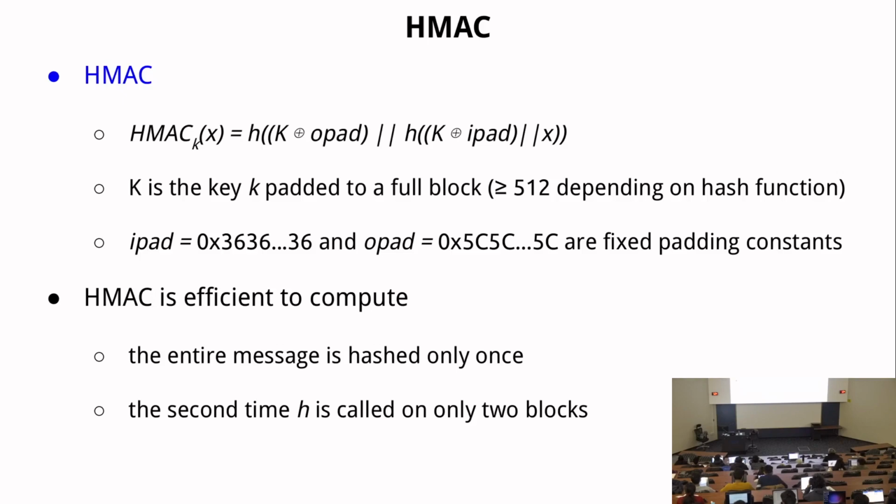The result of that will be concatenated with the previous part, then hashed again. So we do the hash twice, using a key and also the message itself, and two fixed padding constants here. So this algorithm is fast to compute, basically just two hash functions.